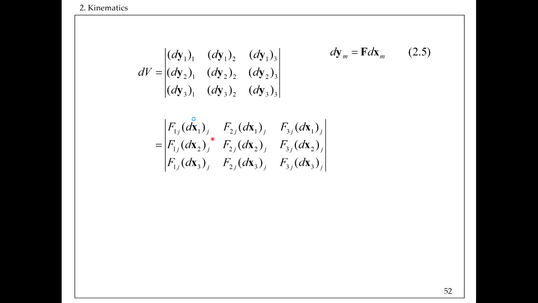If we write this term explicitly, we'll have f11 multiplied by dx1 1, plus f12 multiplied by dx1 2, plus f13 multiplied by dx1 3. So this is again just the exercise that you go over and over again as you do that.